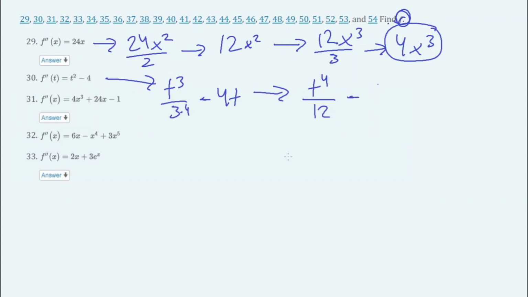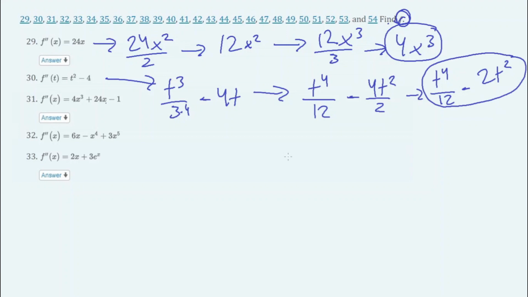And we're going to have t squared, 4 over 2. If we simplify this, it's going to be t to the fourth power over 12 minus 2t squared. And that would be our answer for number 30.